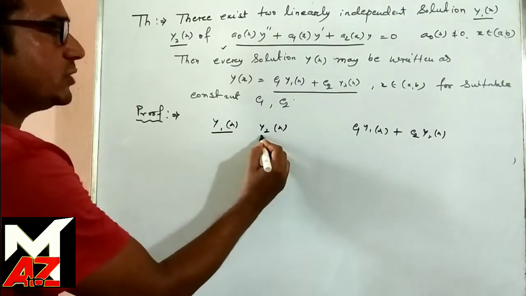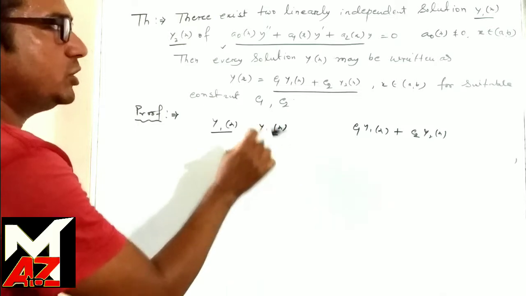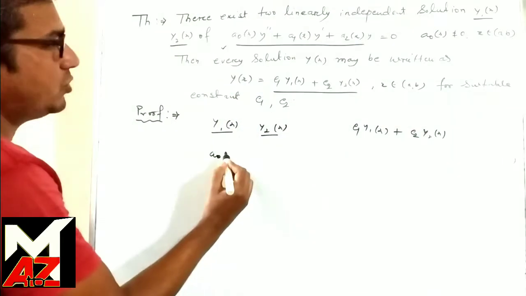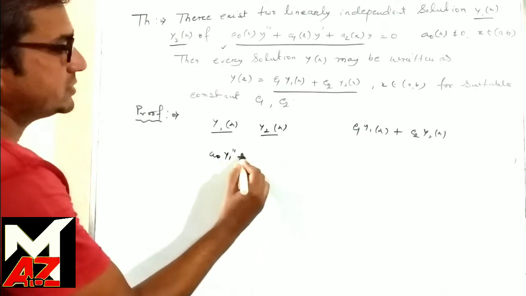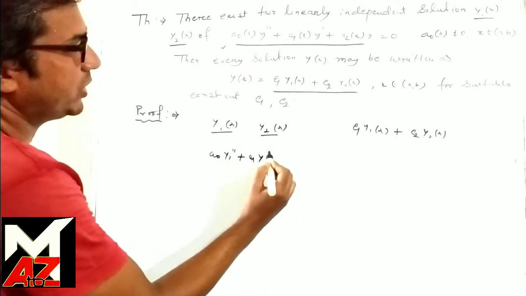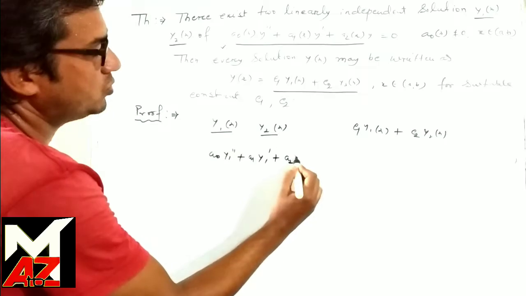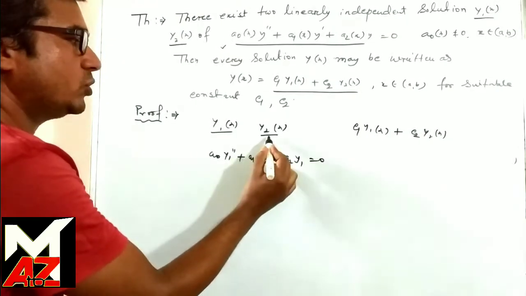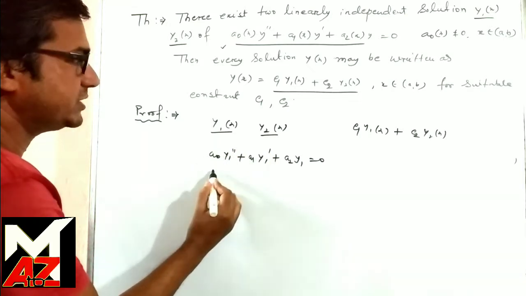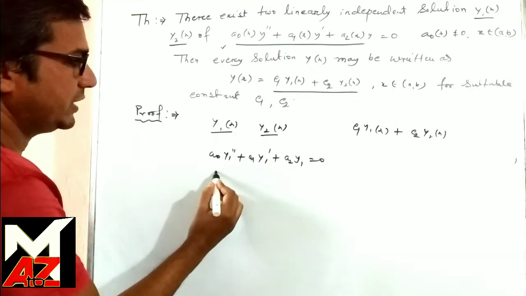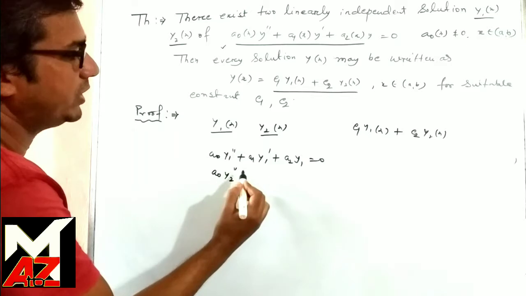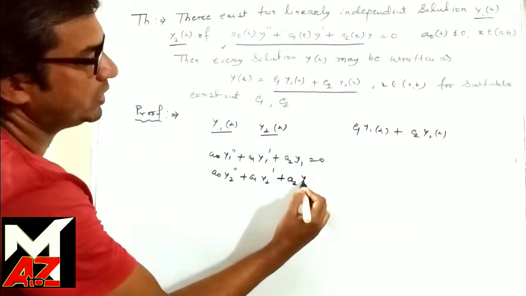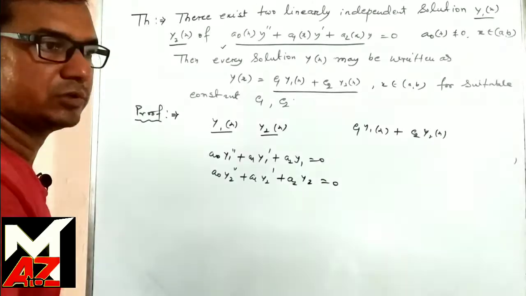Since y1(x) and y2(x) are solutions of this, we can write a0 y1'' + a1 y1' + a2 y1 = 0. And also for y2 we get the same result: a0 y2'' + a1 y2' + a2 y2 = 0.